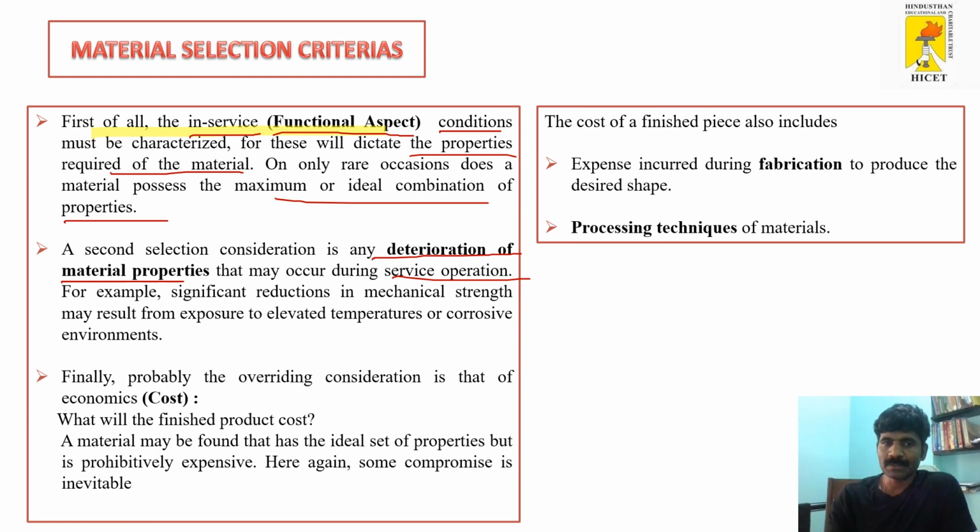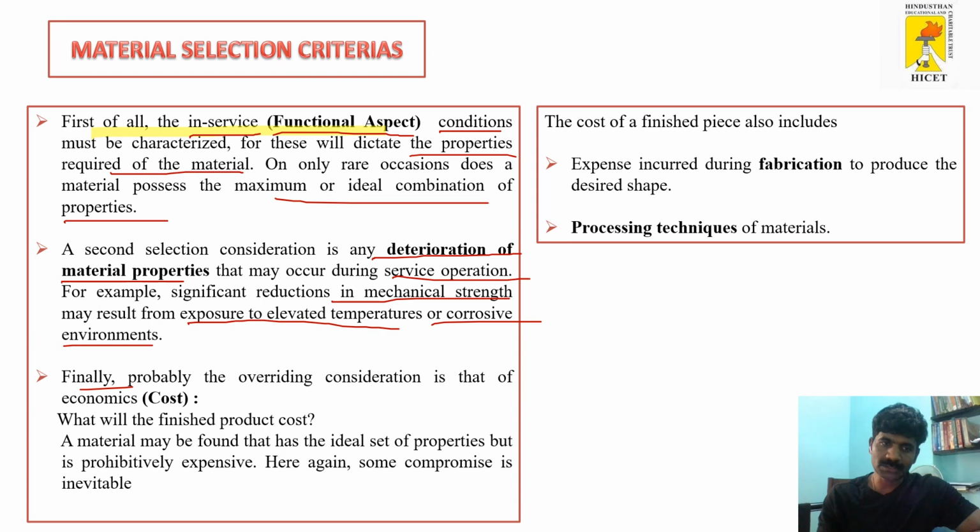For example, a material can deteriorate in its mechanical strength when it is exposed to elevated temperature or a corrosive environment. This kind of criterion should be considered while selecting a material for a particular application.